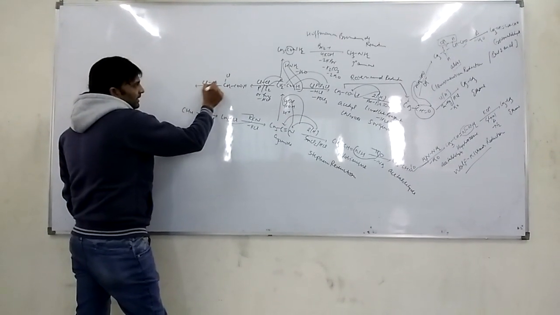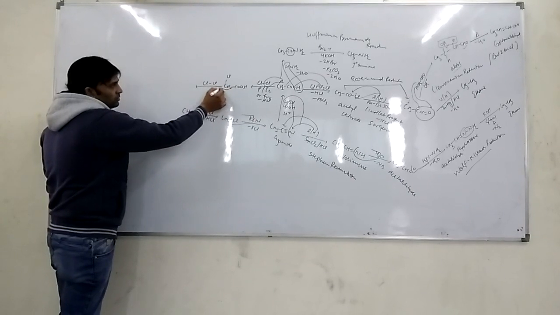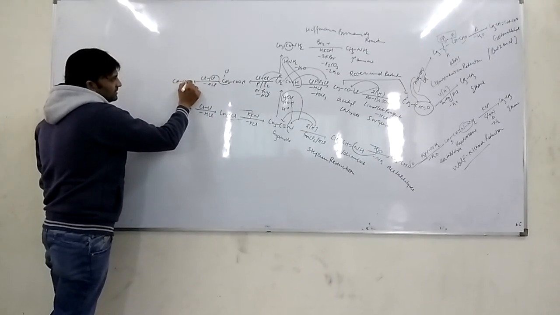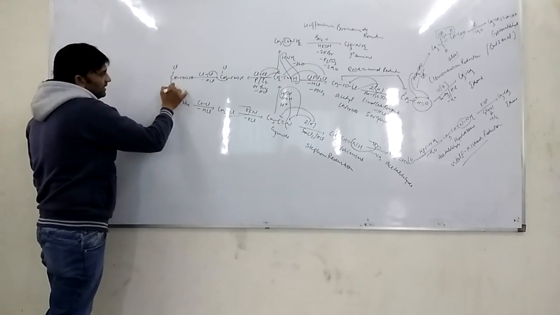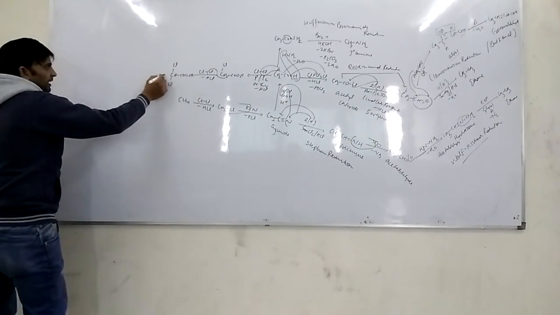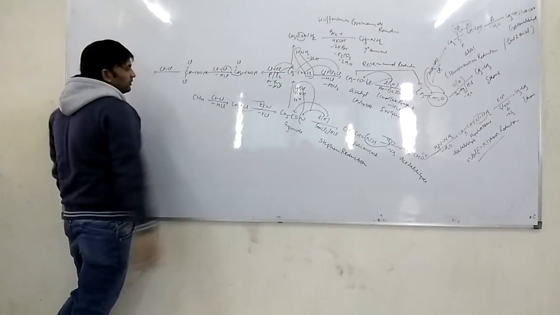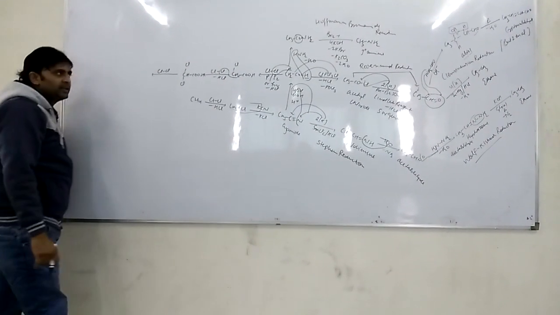Now on again reaction, this one hydrogen also reacts with chlorine, releasing HCl. This is CH, COOH, this is Cl, and this is Cl. On again reaction with chlorine, because we have used sunlight or phosphorus and iodine, it follows a chain reaction.